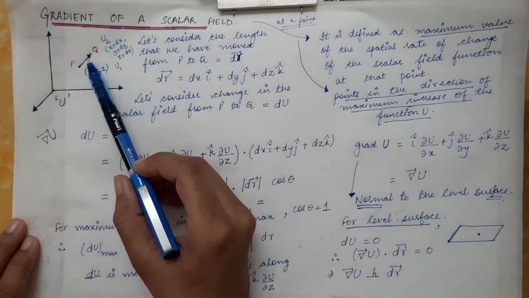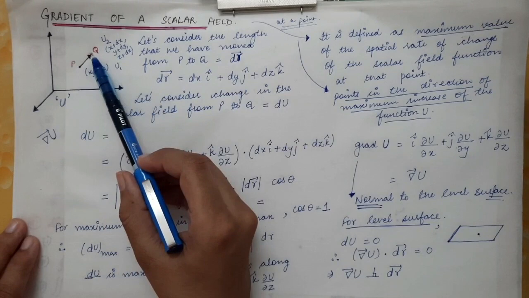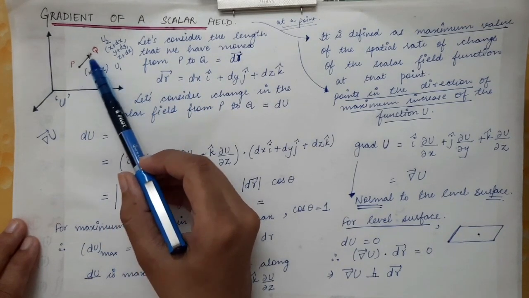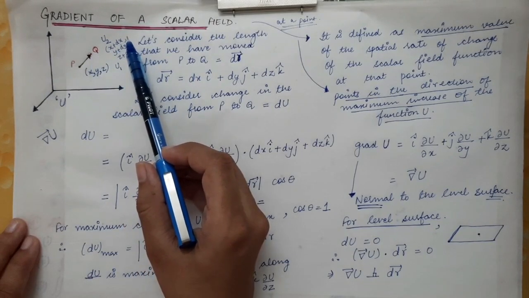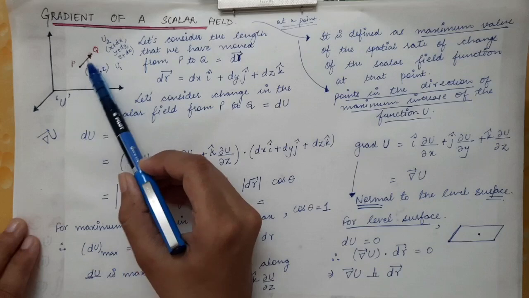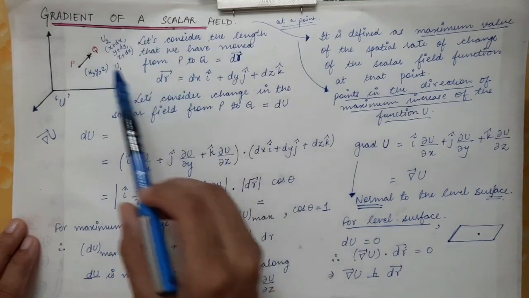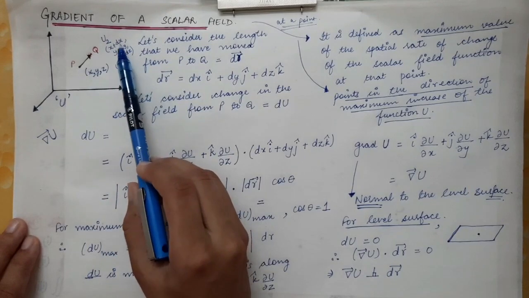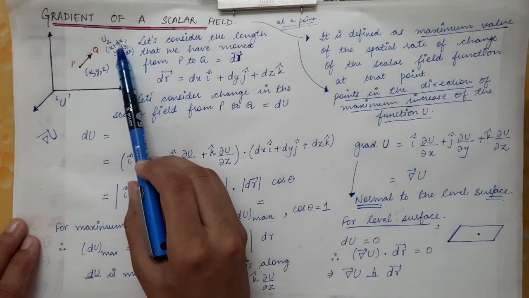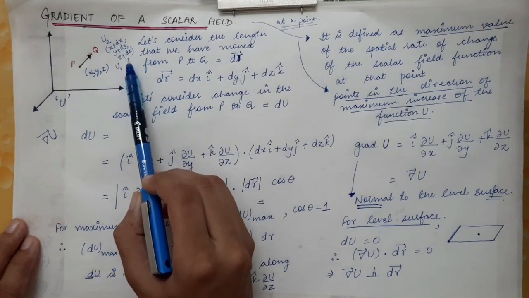Now we have moved a distance PQ. The vector from P to Q will be equal to dx i cap plus dy j cap plus dz k cap. The components of this vector are dx, dy and dz, because we have just moved dx distance along the x-axis, dy along the y-axis and dz along the z-axis.